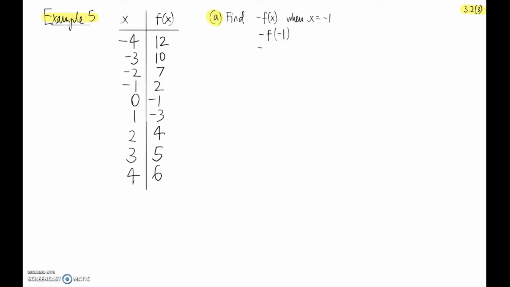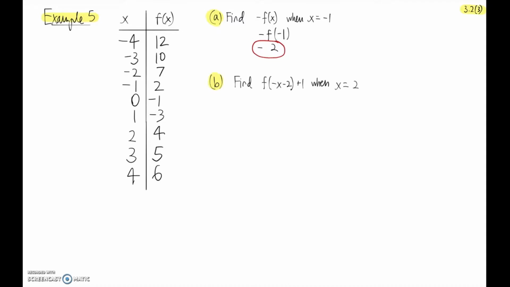The negative we haven't done anything with, but f of negative 1, the function evaluated at negative 1, we just read straight off the table, is 2. And the negative just kind of came along for the ride. Essentially at this point we're done. We found our answer. The answer is negative 2.